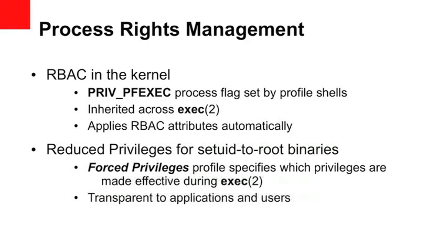But the flag is then inherited by all the children of that process. So the flag is persistent, which means you never need to invoke another profile shell again. Once you've invoked any of the profile shells, all of the child processes also go through the pfexec equivalent logic in the kernel. And the implementation is managed through a door call, what we call an up call in doors.